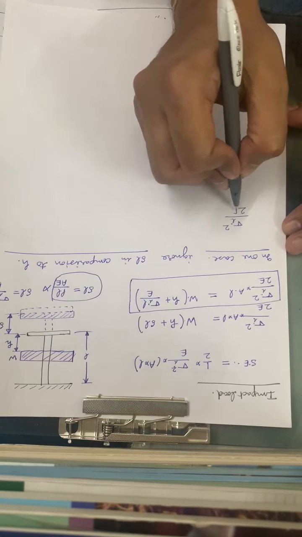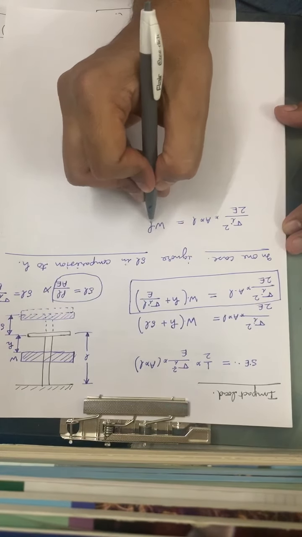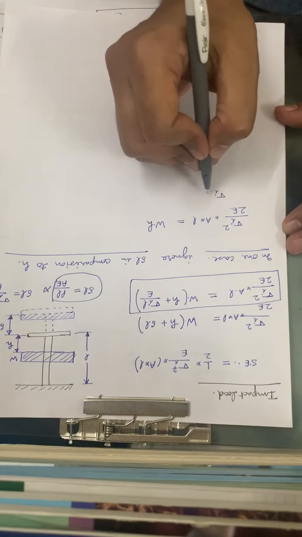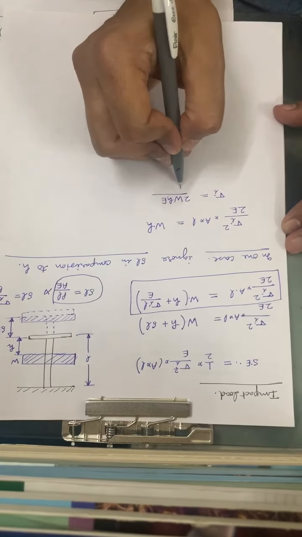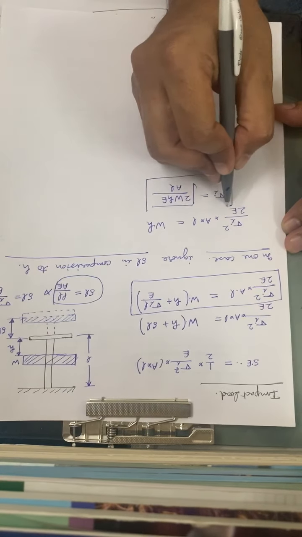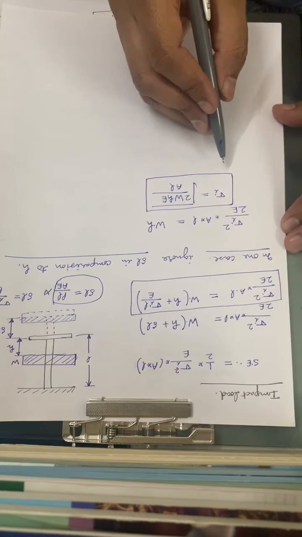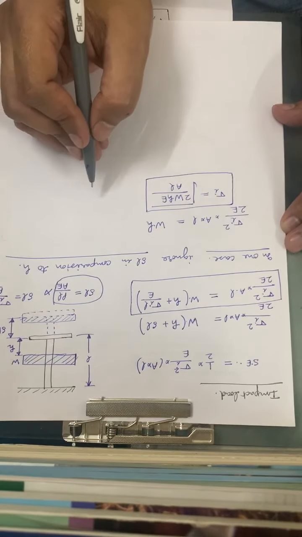Sigma I square upon twice E into A into L is equal to W into H, and sigma I is equal to the square root of twice W H E upon A into L, understood. Sigma I, that is the formula I got.